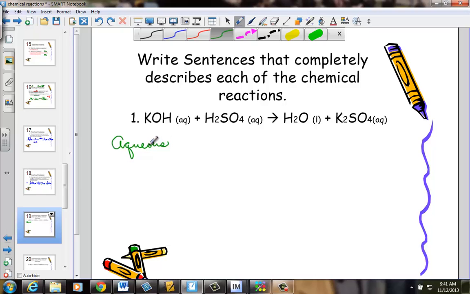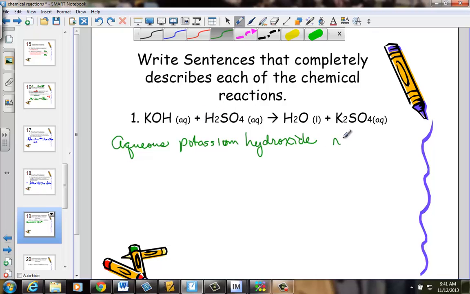AQ is aqueous, dissolved in water. KOH, potassium hydroxide. Aqueous potassium hydroxide.